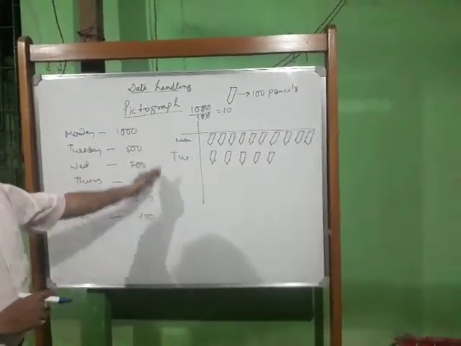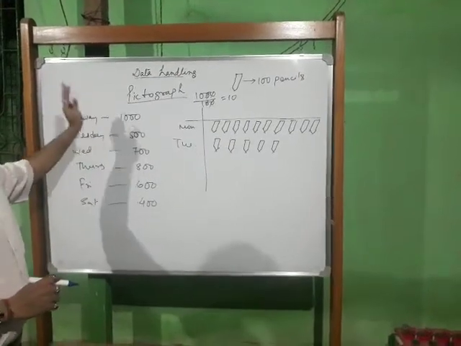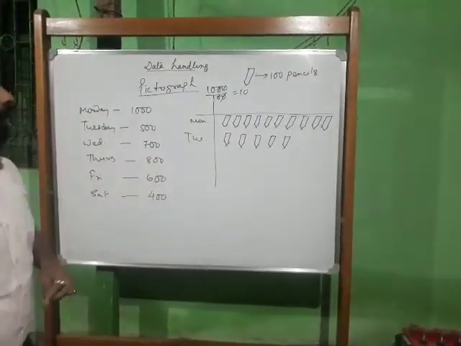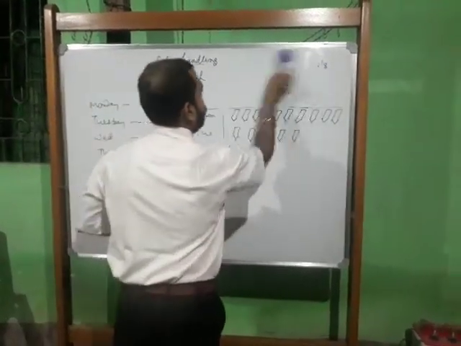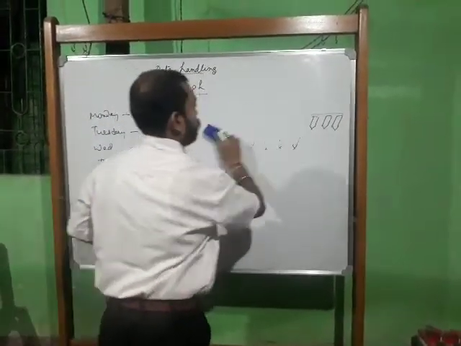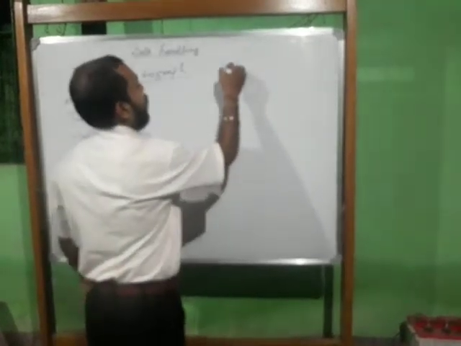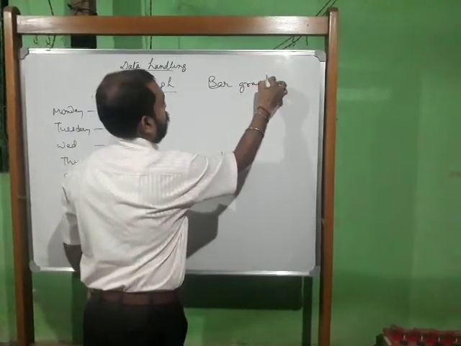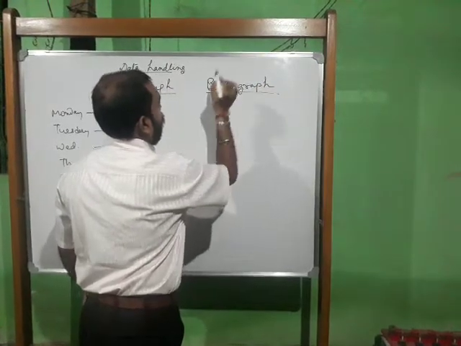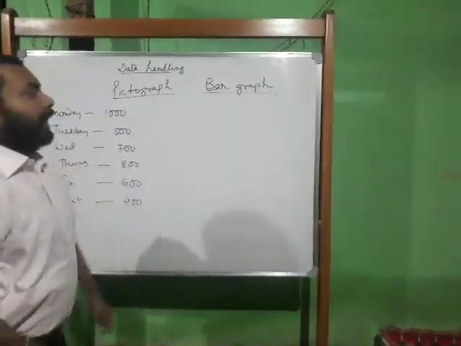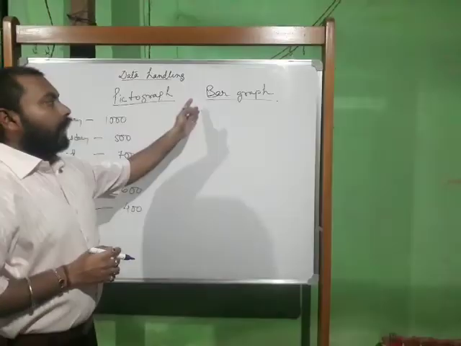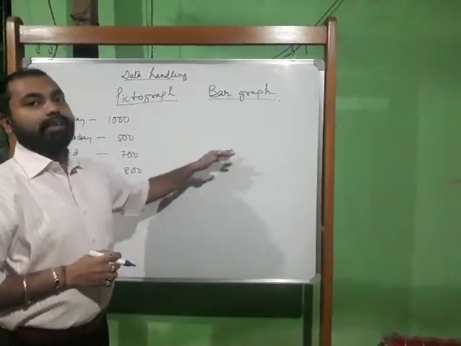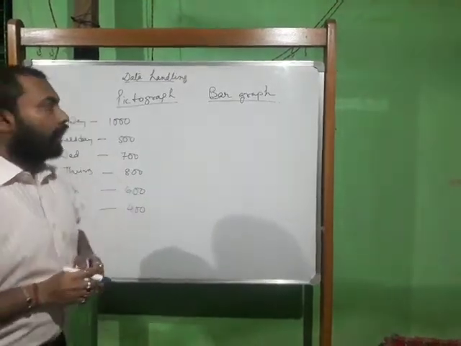If I take the same data, how can I plot this in a bar graph? So let us do bar graph. Now, a bar graph is a graph where data are represented in one dimension.